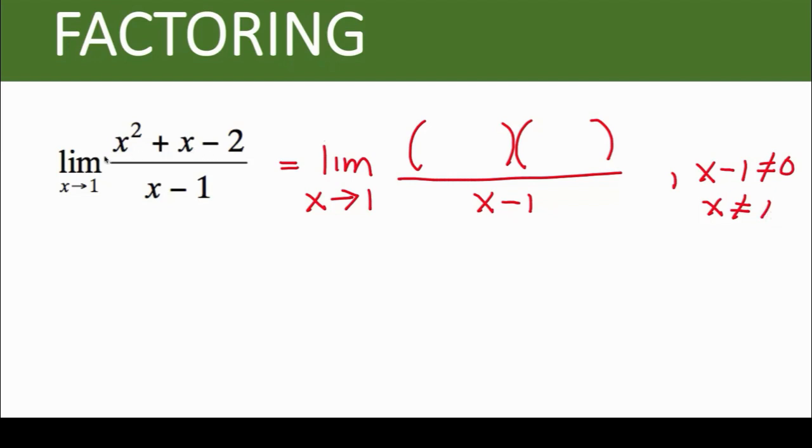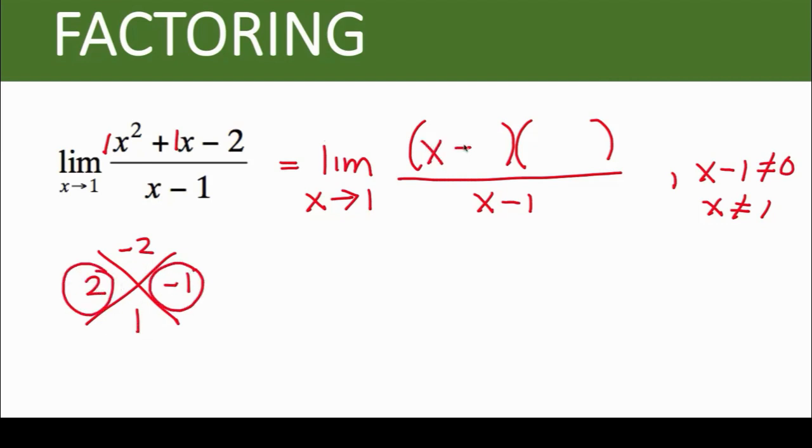So how do we factor this quadratic trinomial? What we are going to do is get the product of the coefficients of the first and last terms. That is 1 times -2 is -2, and the coefficient of the middle term is 1. What are the factors of -2 that will add up to 1? Those numbers are 2 and -1. If you multiply, you get -2. If we add, we get +1. So the factors are x plus 2 and x minus 1.